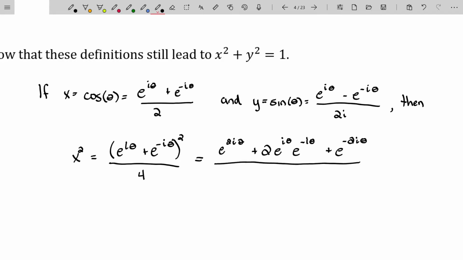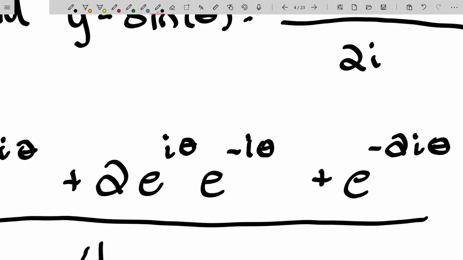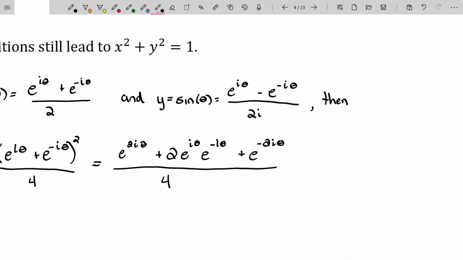And again, that's all over 4. A little bit of cleanup here. e to the i theta times e to the negative i theta is 1. And so this numerator turns into e to the 2i theta plus 2 times 1 plus e to the negative 2i theta all over 4.